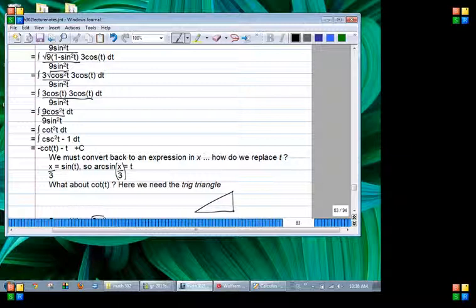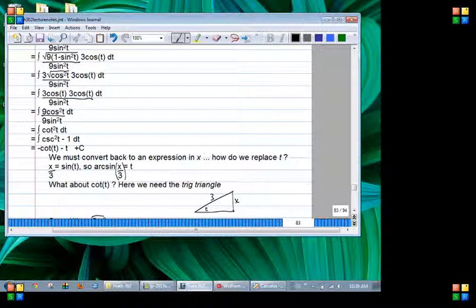We're taking sine of t, cotan of t, so t represents the angle in our picture, so I'm going to label the angle t. Now, what do we know? Based on our substitution, x over 3 equals sine of t. What's the definition of sine? Opposite over hypotenuse. So opposite over hypotenuse is x over 3.